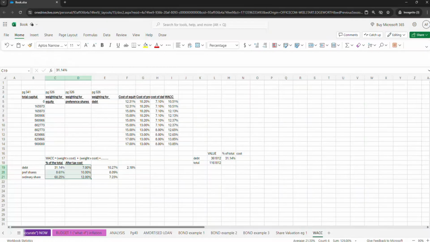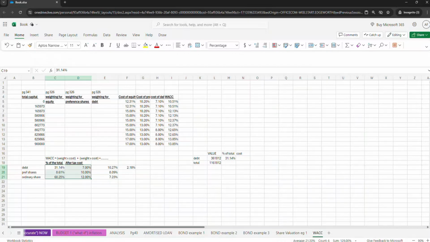This function multiplies the corresponding values in each array and then adds together the results. It is perfect for calculating weighted averages as we are doing here.